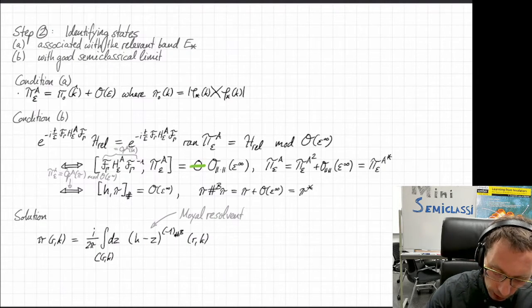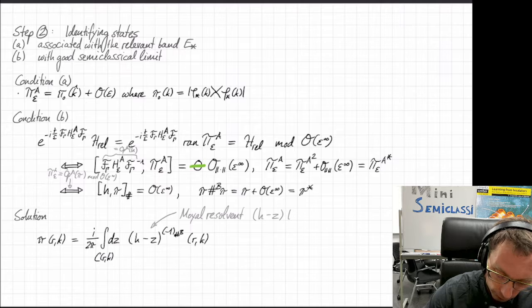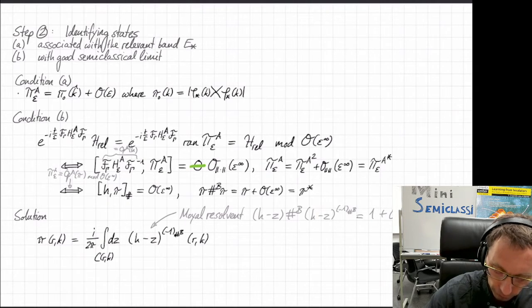And this Weyl resolvent satisfies the relation that you think it should. So if you take the Weyl product of H minus Z with the Weyl resolvent, well, you get 1, at least modulo order epsilon infinity.